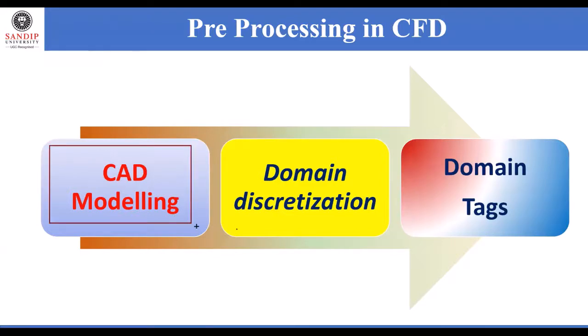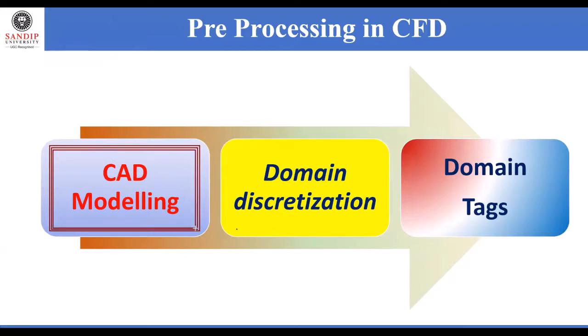That means initially we are supposed to create the geometry, as I explained even in the earlier sessions or videos. Then discretize the domain or generate the grid on the particular geometry. Grid generation or domain discretization.